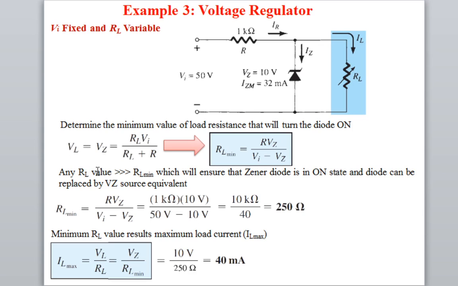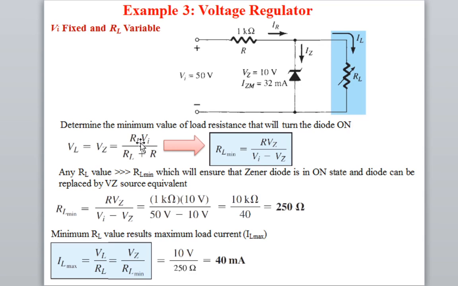If the VL or Vz is known, then if we solve this equation, remember this VL is equal to Vz is equal to RL into VI divided by RL plus R. This equation is written when we want to calculate the minimum value of load resistance, when this condition is satisfied at which this Zener is going into the conducting stage.